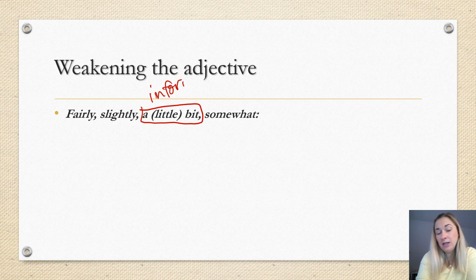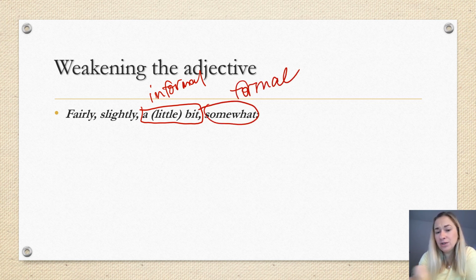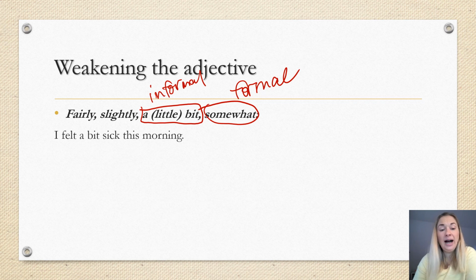So if you're talking to your friends or talking to your parents, your acquaintances, you can use informal things like a little bit, a little. Somewhat is more formal. So if you're in a university context, talking to your professor or instructor, I would go for somewhat. For example, I felt a bit sick this morning.